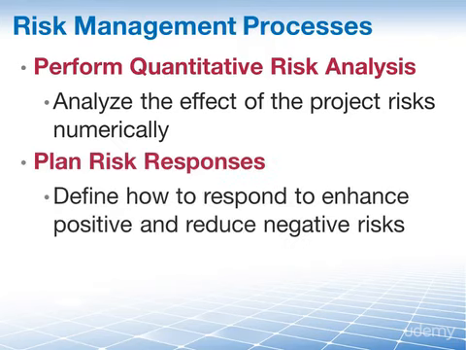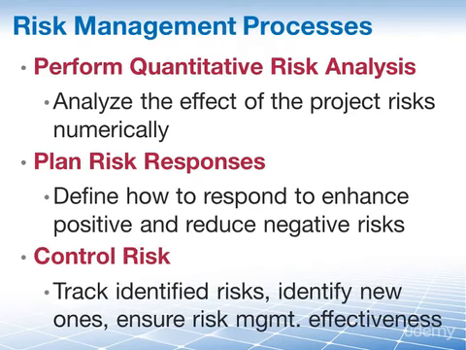Now we can go ahead and plan risk responses. This is the process of developing options and actions to enhance opportunities and to reduce threats to project objectives. And finally, we need to control our risks, the process of implementing risk response plans, tracking identified risks, monitoring residual risks, identifying new risks, and evaluating risk process effectiveness throughout the project.